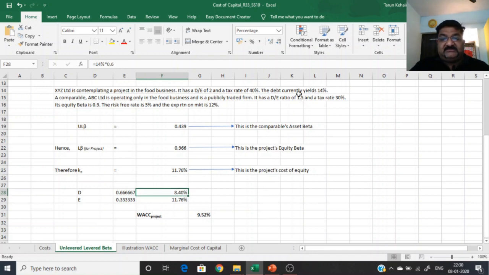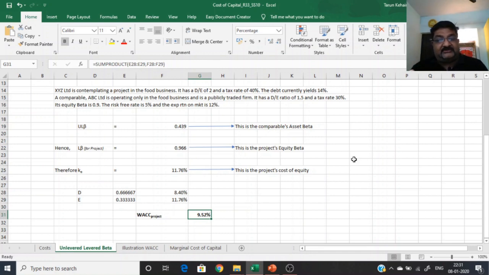For debt, since the debt yields 14%, we will take the after-tax cost of debt. So 14 into 1 minus 0.4, which is 14 into 0.6, which is 8.4% for your cost of debt. Cost of equity is taken to be 11.76%. Weight multiplied by cost for debt plus weight multiplied by cost for equity will give you the weighted average cost of capital for the particular project in hand.